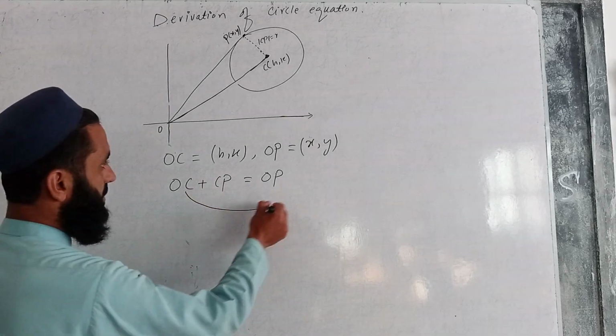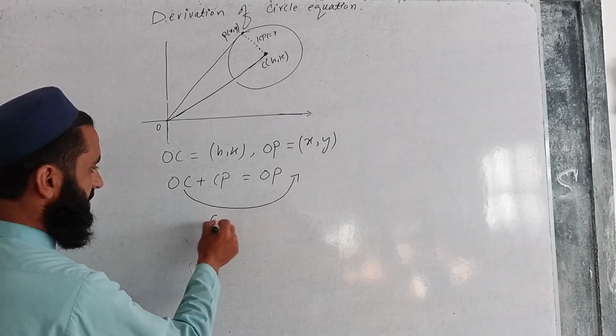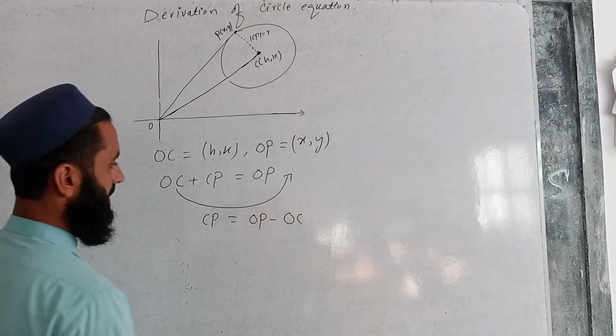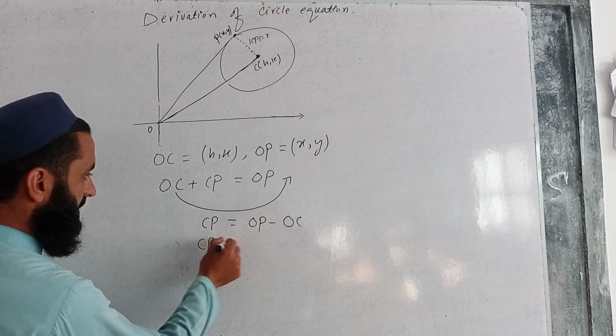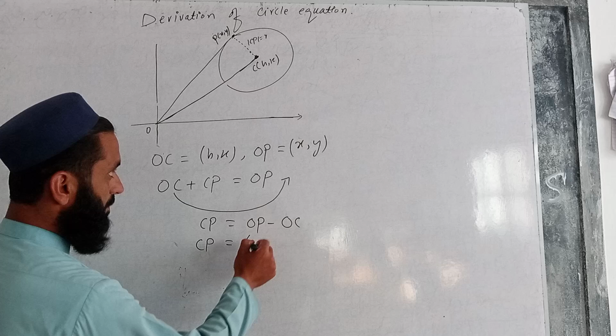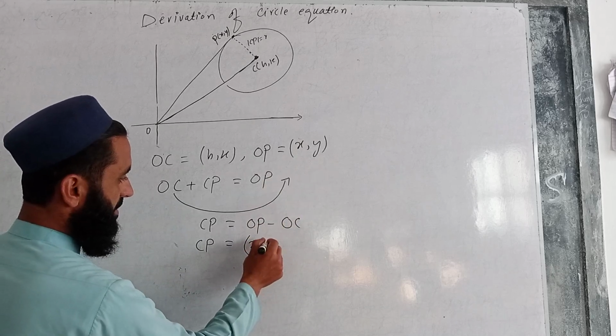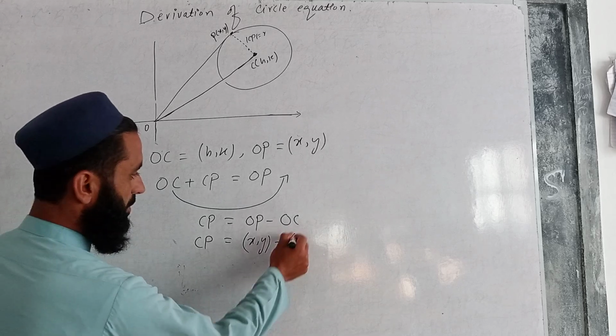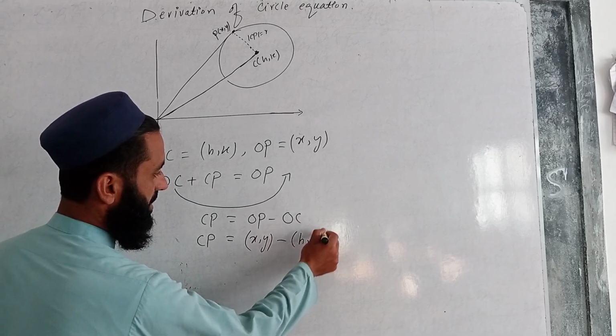Shift this OC to the right-hand side to get OP minus OC. So CP is equal to OP, which is (x, y), minus OC, which is (h, k).